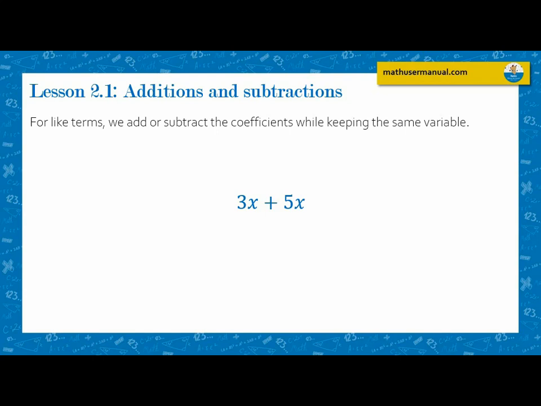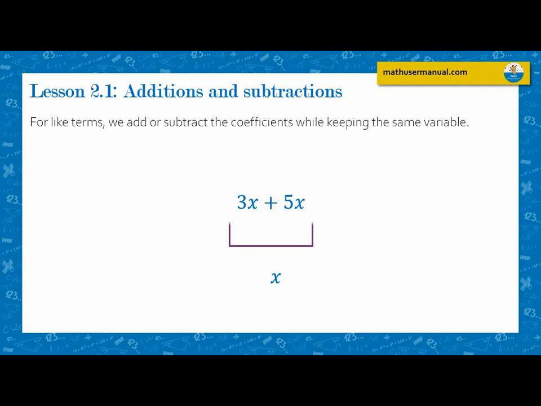So, for example, in this situation, both terms have an x to the power of 1, meaning these two terms are like terms, so we can combine them. We can do the operation of the addition or the subtraction. In this case, there is an addition. So when we have like terms, all we have to do is keep the variable, in this case, x.